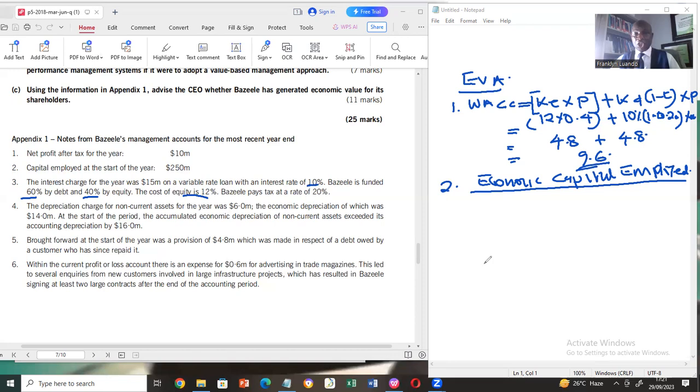Now, if economic depreciation is more than accounting depreciation at the start of the year, then the difference should be deducted.